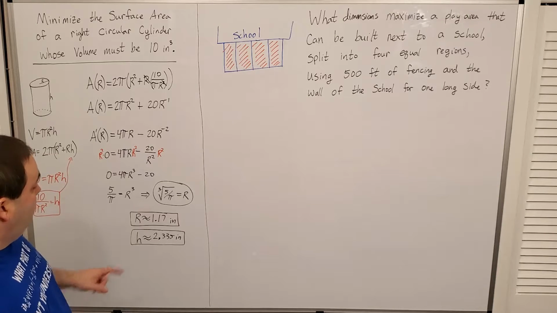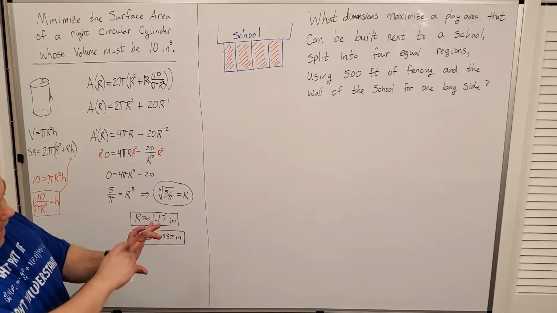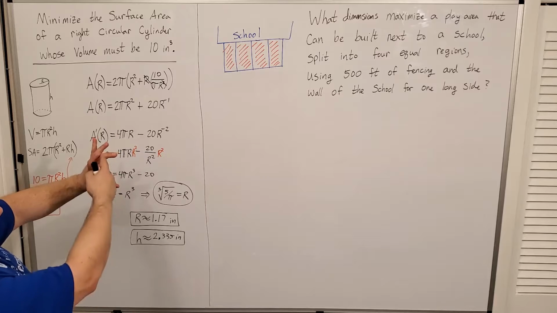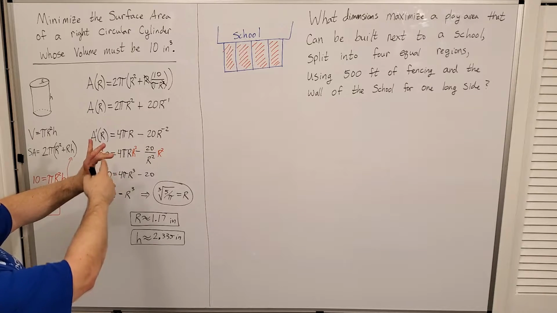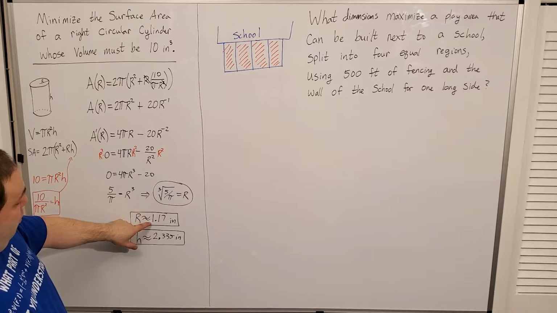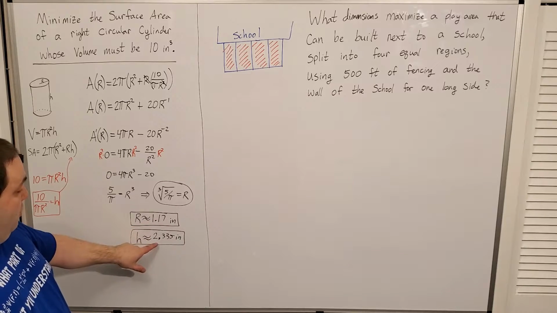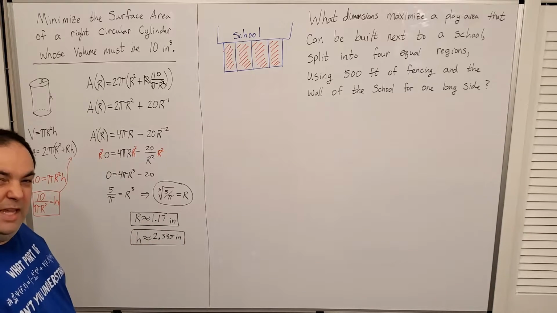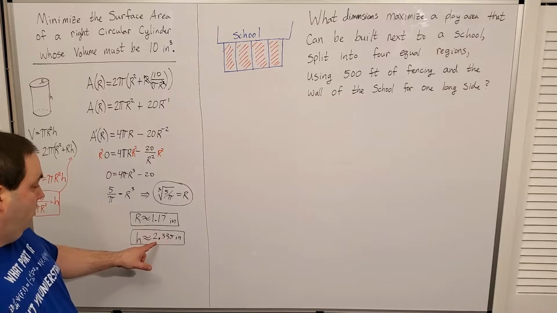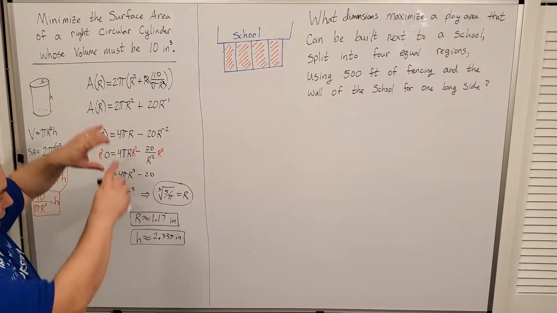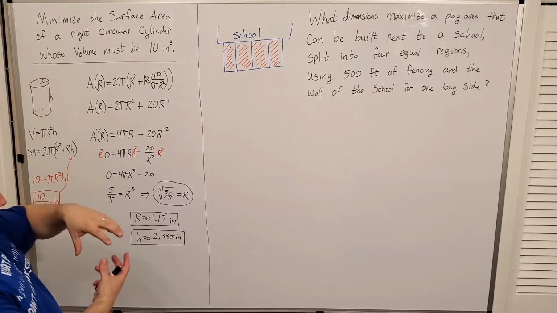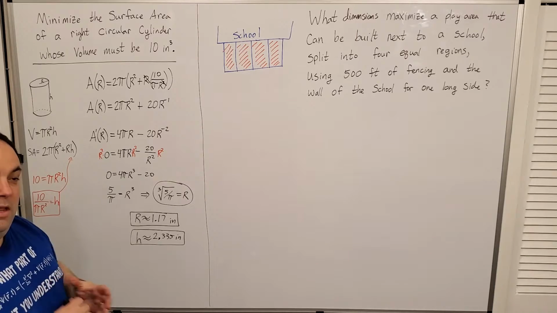Mind you, by the way, the radius is only half of the circle, if you were looking at the top of the can. 2 radii put together is about 2.34, which you'll notice is actually the same-ish as the height, 2.34. So it's almost like you have a square cross-section on your can there.